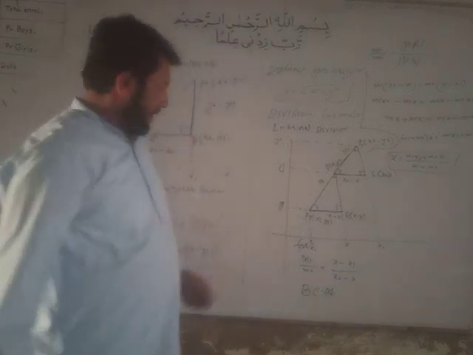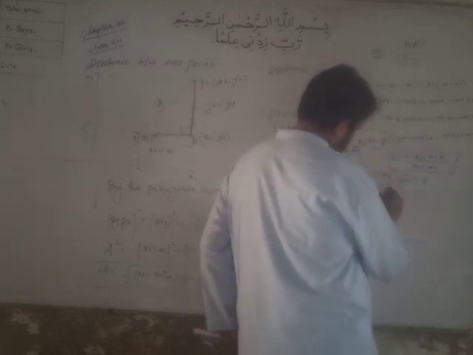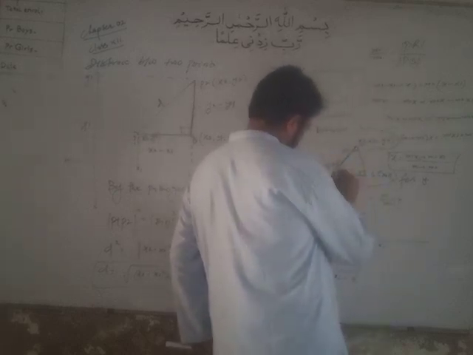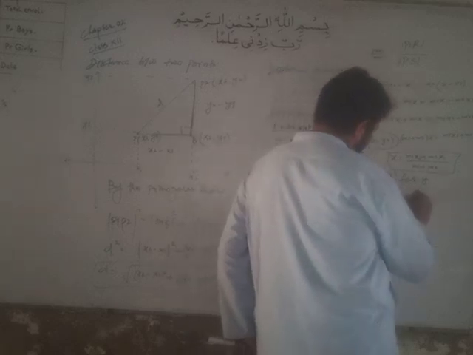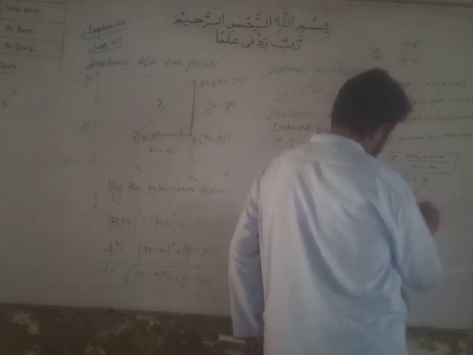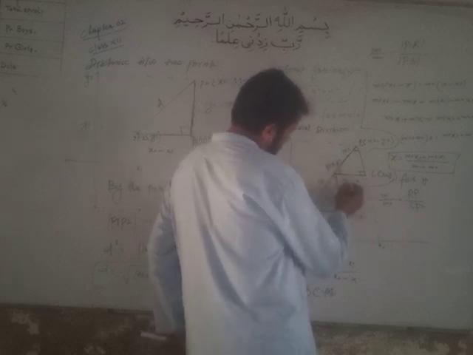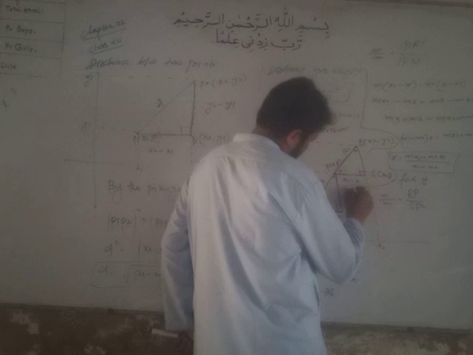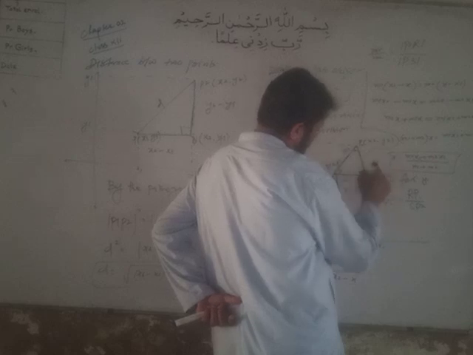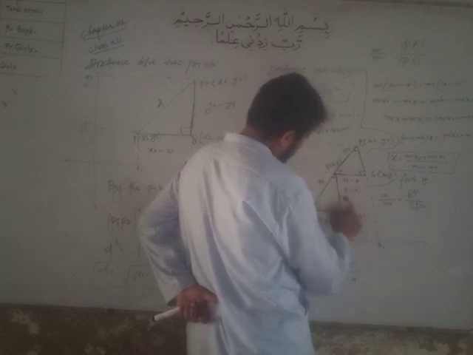Now for y, we can say m1 divided by m2 is equal to RP divided by SP2. Okay, so here x will be cancelled.